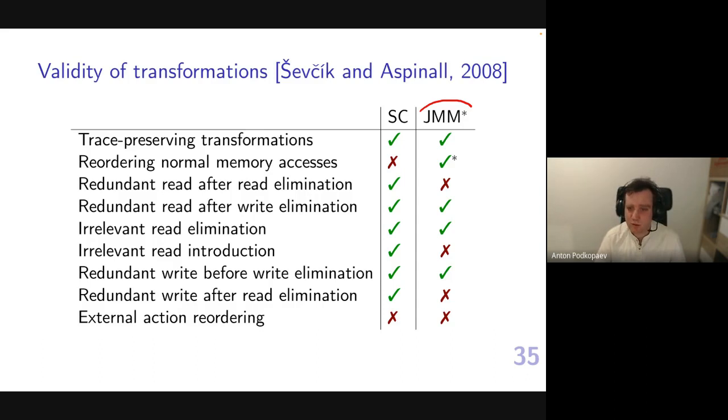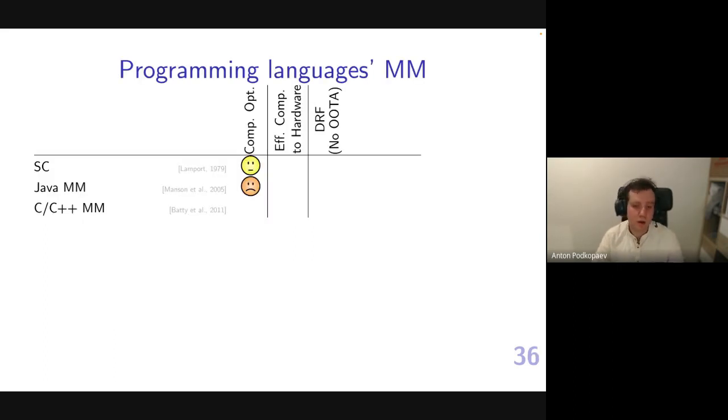For example, for the Java memory model, redundant read after read elimination is not supported, unlike sequential consistency. Okay, what about C++? C++ arguably has a very good situation in terms of supporting compiler optimizations. So in this regard, C++ is a better choice.